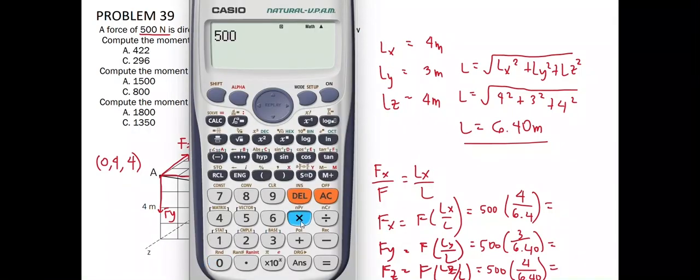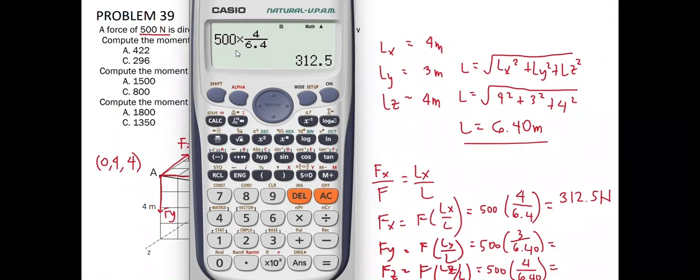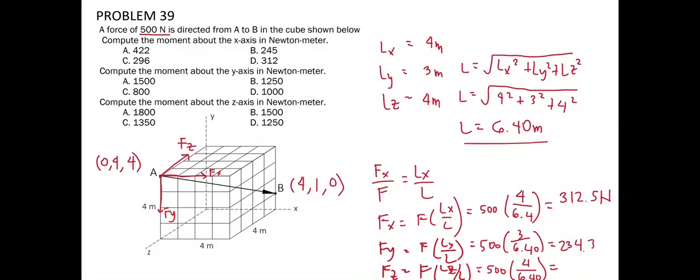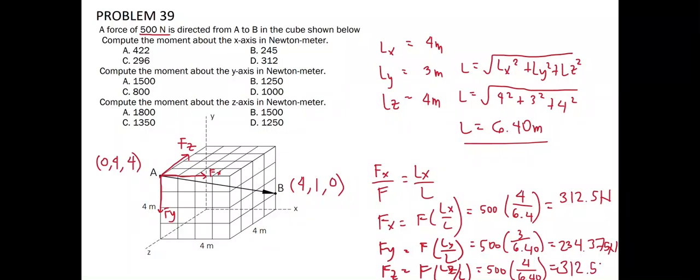So we have Fx equal to 500 times 4 divided by 6.4 equal to 312.5 newtons. Fy is equal to 234.375 newtons. And Fz is equal to 312.5 newtons.